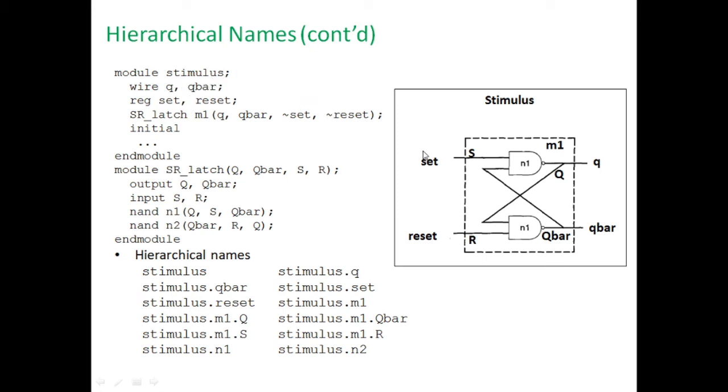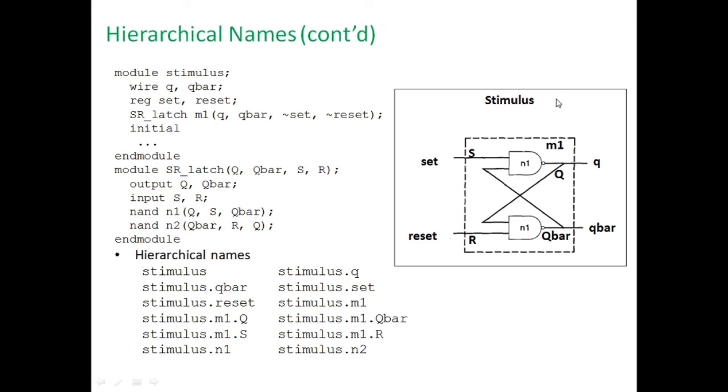Outside of the module, the input ports are treated as reg and the output ports are treated as wires. Inside the module, output ports are treated as reg and input ports are treated as wire. Of course, I am defining the module using structural abstraction, which is why I didn't use reg q or reg q bar. So you need to understand.